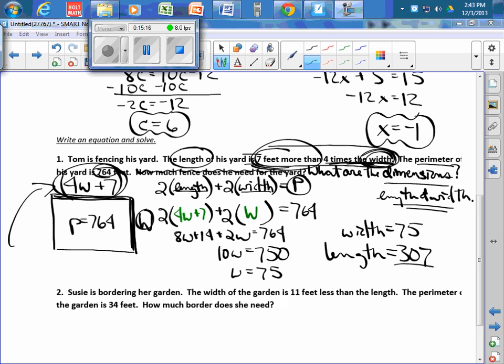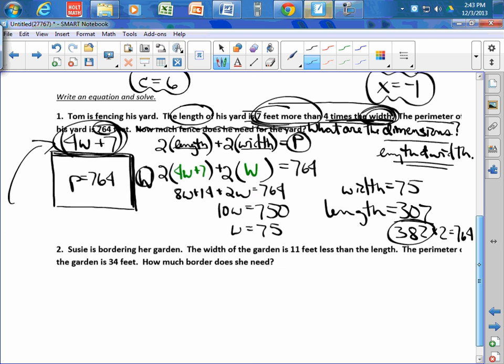When you add these two together, you get 382. Take that and double it, because that only gets you halfway around. This distance only gets you halfway around the perimeter, so you have to double that, and you get your 764.